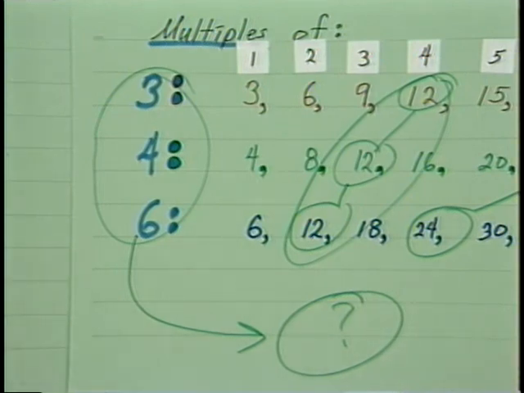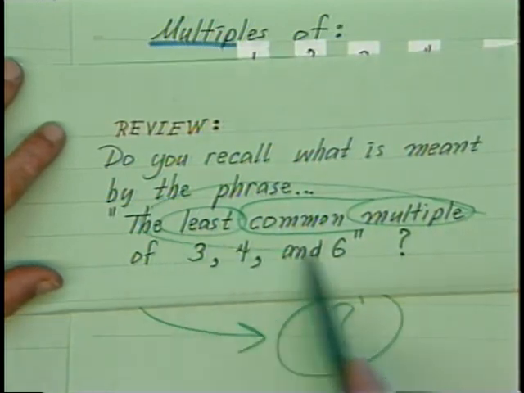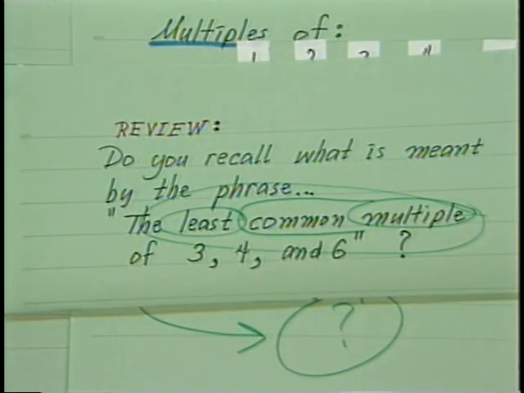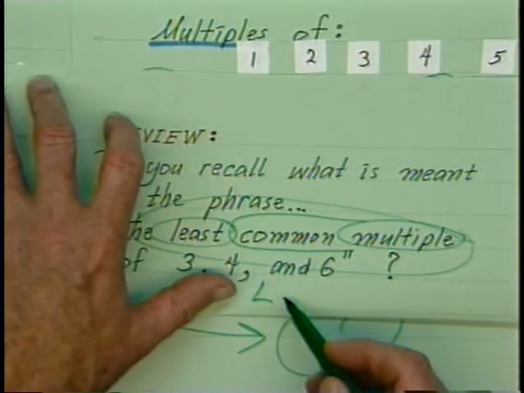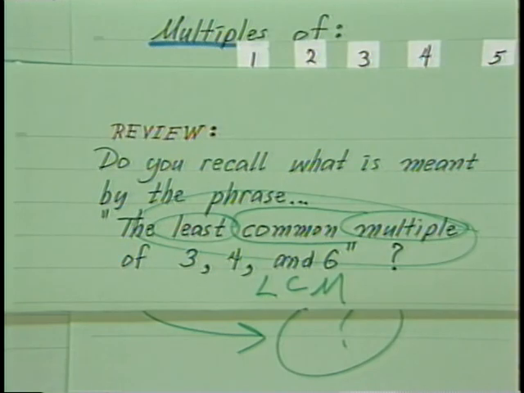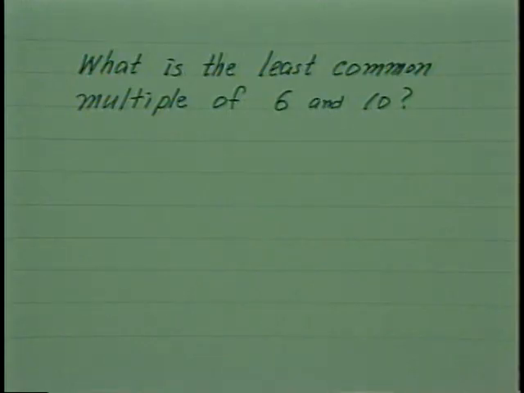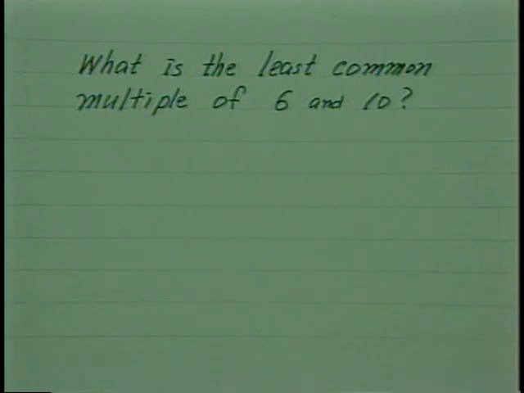So now, do you have perhaps a clearer and a more comfortable feel for what we mean by the phrase least common multiple, which we will abbreviate as LCM for future lessons? Therefore, after this brief review, you should at least be very comfortable with what is meant by a statement like this.